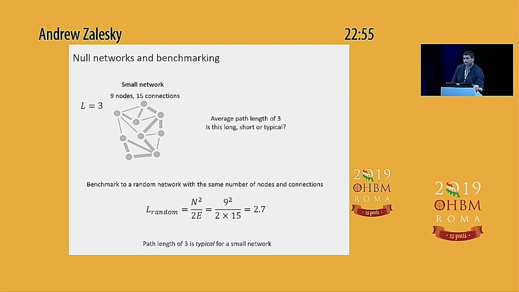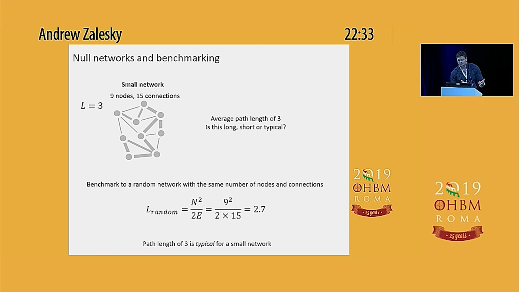The formula for path length in a random graph is the number of nodes squared divided by 2 times the number of edges. For a network of 9 nodes and 15 connections, this turns out to be 2.7. So for a small network of this size, a path length of 3 is pretty typical, right?